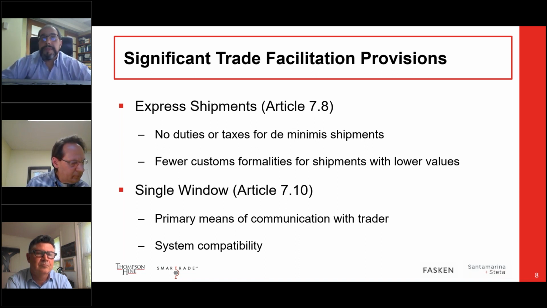But this provision specifically provides for the expansion of the single window systems in the three parties so that it can better facilitate trade in goods and make them quicker in being cleared in customs, for all of these proceedings, permits, and certifications that need to be obtained through that single window system.